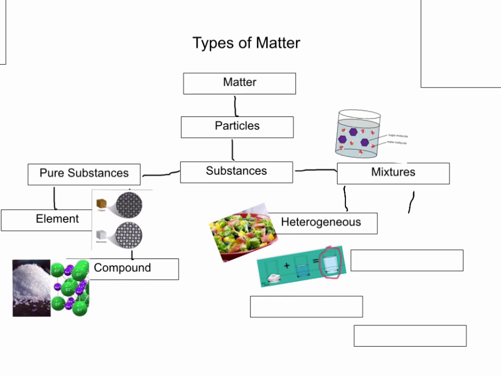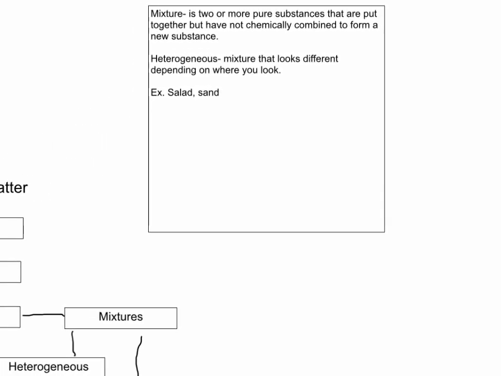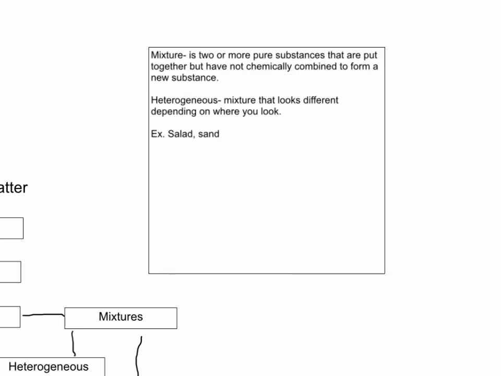The other type of mixture is the homogeneous mixture. So, just like hetero, that prefix means different, the prefix here, homo, also has a meaning. Homo means the same.